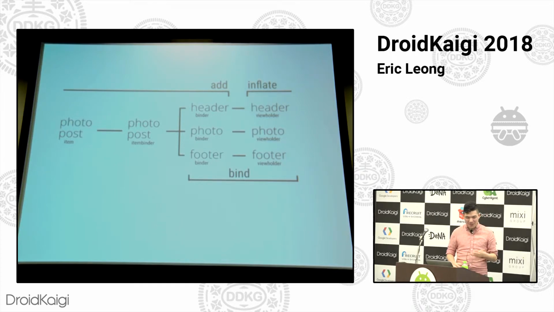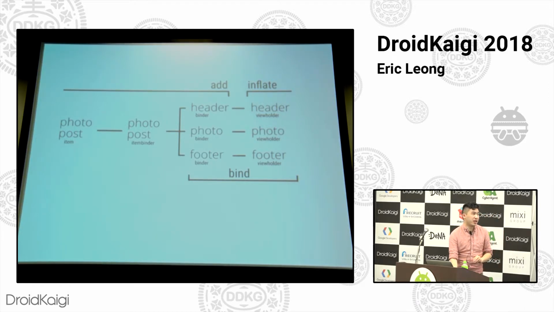Okay, so we're going to go back to that photo post. We're going to have a photo post item and a photo post item binder, not very creative naming here. This is actually similar to the naming that we use at Tumblr, because there are just so many types involved. So we've got a header, a photo, and a footer binder, and then the same thing with the view holders, a pretty straightforward one-to-one mapping.